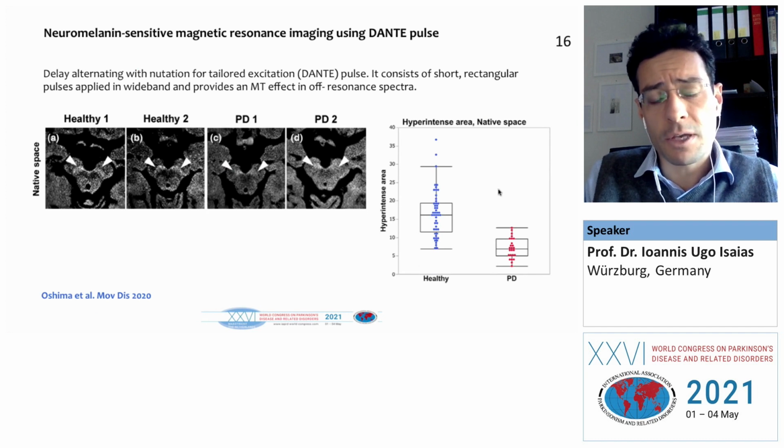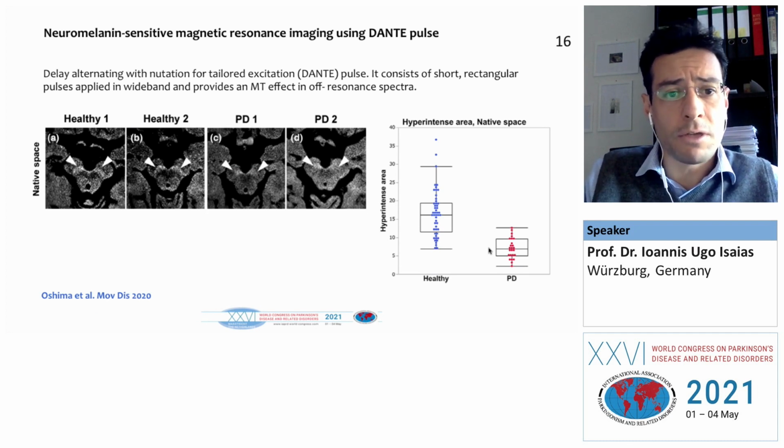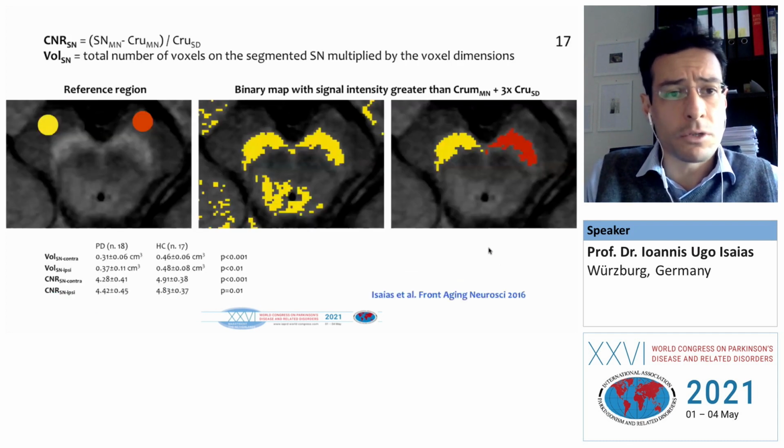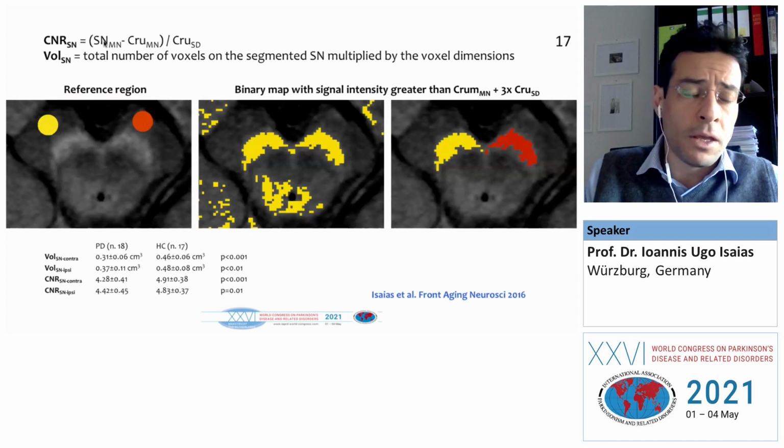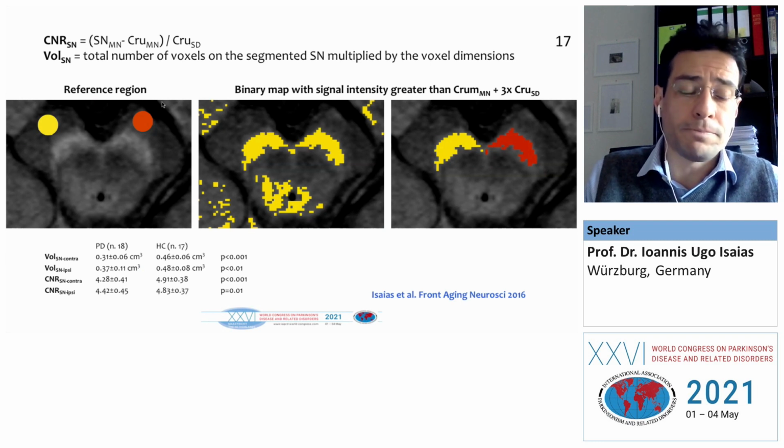But still, as you can see on the right side, there's quite an overlap between healthy subjects, here in blue, and Parkinson's patients. We also used neuromelanin sensitive magnetic resonance imaging in a cohort of about 20 Parkinson's patients and compared it with healthy subjects. The two main measurements are either the assessment of the volume of the nigra or the contrast ratio.